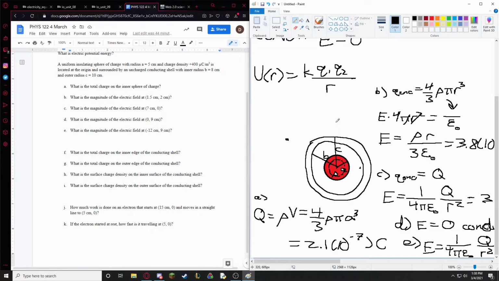Exactly. So if we draw a Gaussian surface inside our conductor all the way around, we know that our total enclosed charge has to be 0 so that the electric field is 0. So that means if there's plus Q here, there has to be a minus Q on the inner edge.